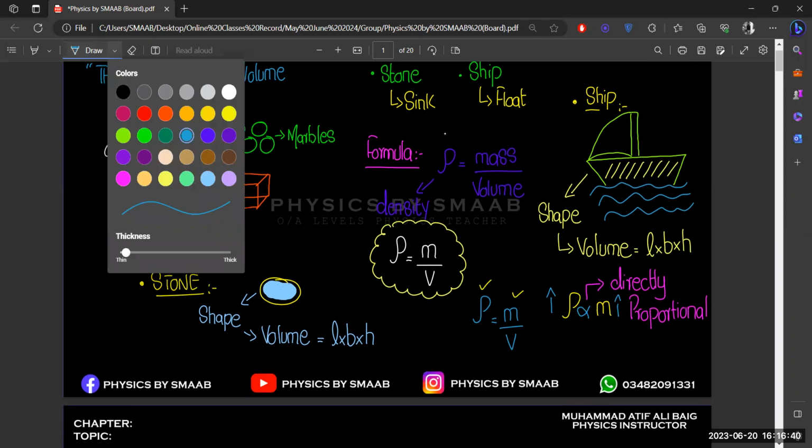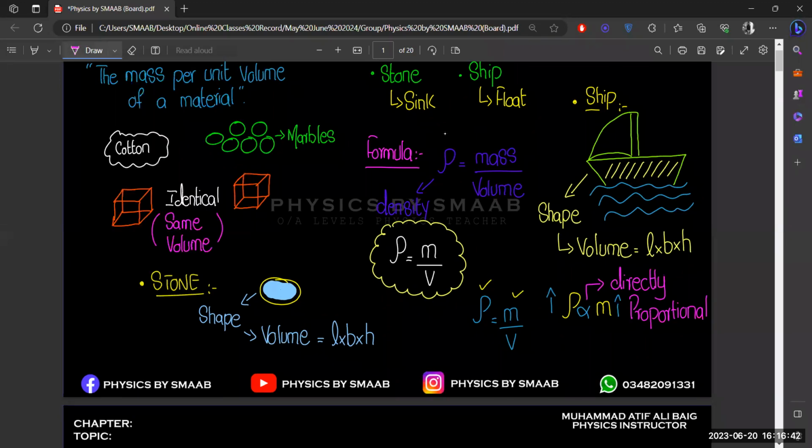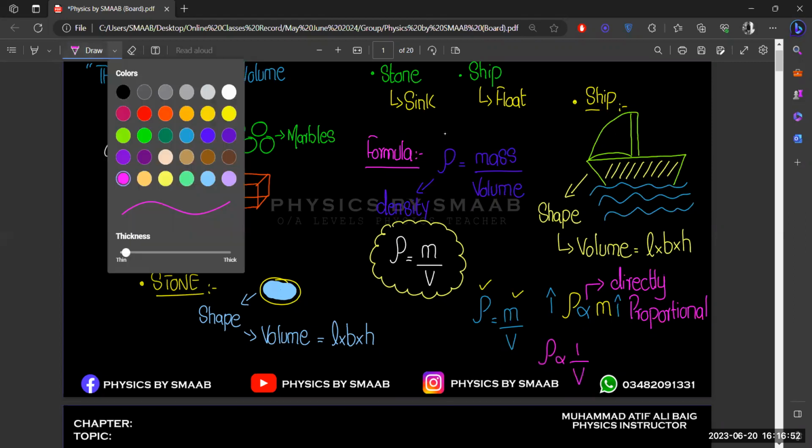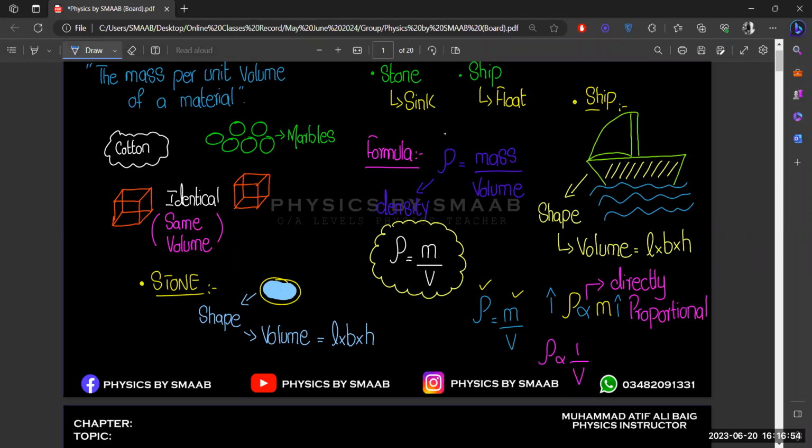The volume. Volume is in the denominator, so we need to write 1 over V. This 1 over V means inversely proportional, right? This is inversely proportional.